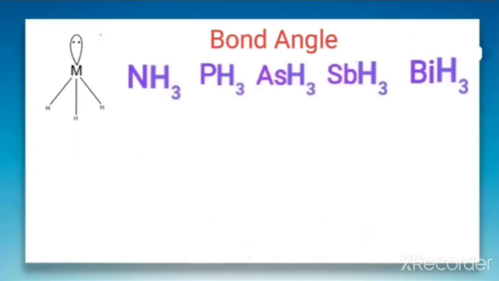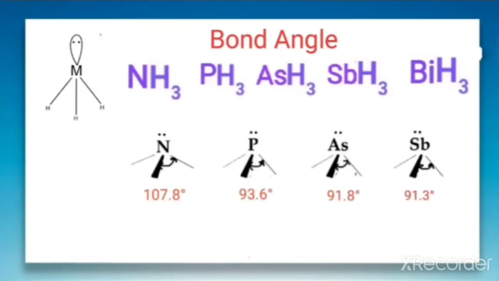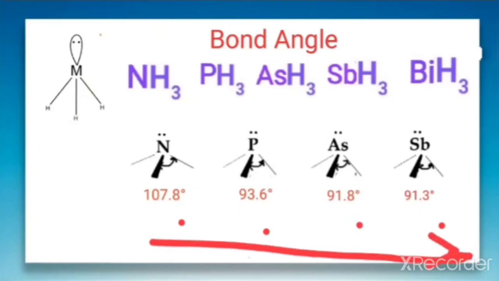Let us talk about bond angle. When we compare the bond angle, it is 107.8 degrees here, 93.6 degrees in the case of PH3, and so on. So there is a decrease in the bond angle from here to here.